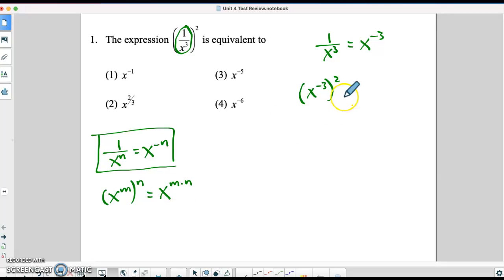So you write it as x to the, you multiply those two exponents, negative 3 times 2, which gives you negative 6. So that is our answer.